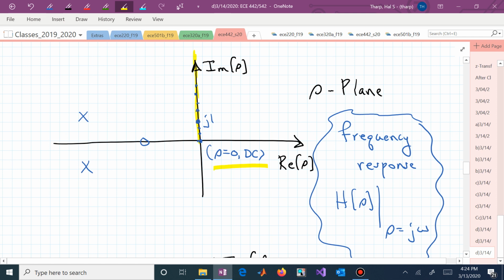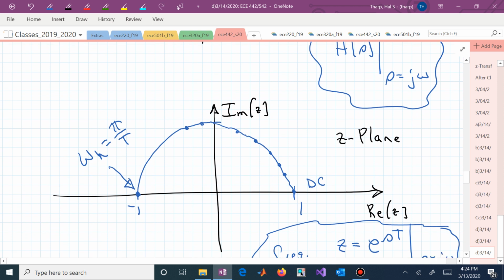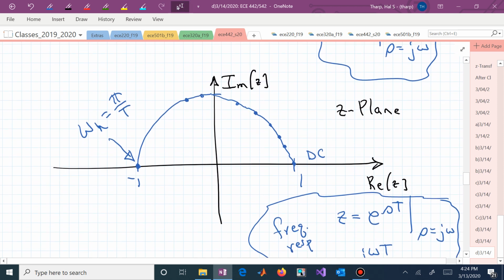We start at DC and we just keep stepping up depending on the resolution, looking at particular frequencies on that imaginary axis, or we are looking at H of s evaluated at s equal to j omega. What does that do in the z domain? I'm trying to help illustrate why this factor z plus 1 is used to represent these zeros at infinity.